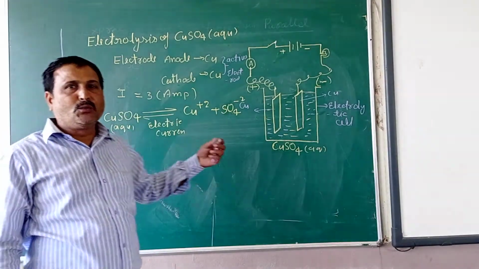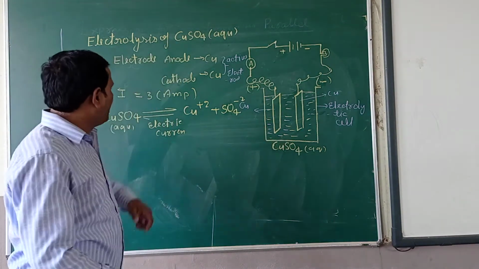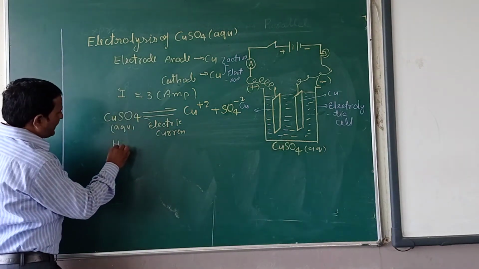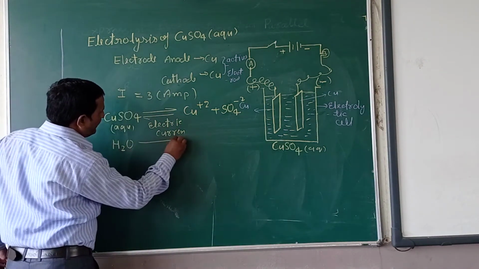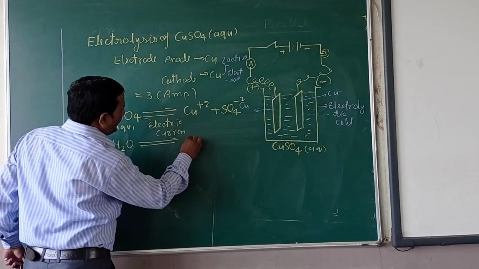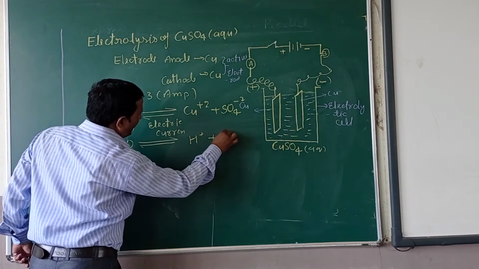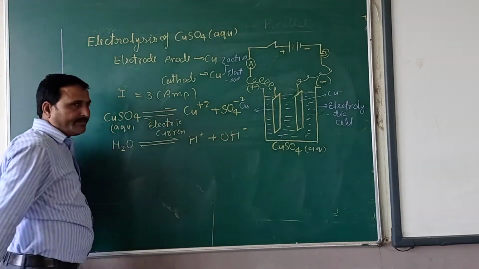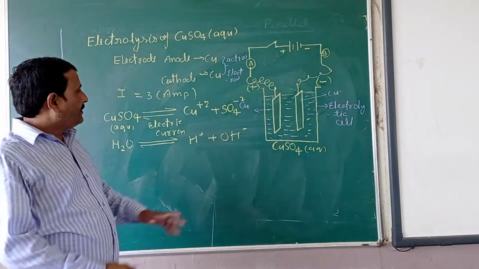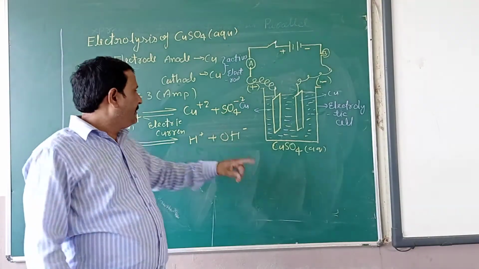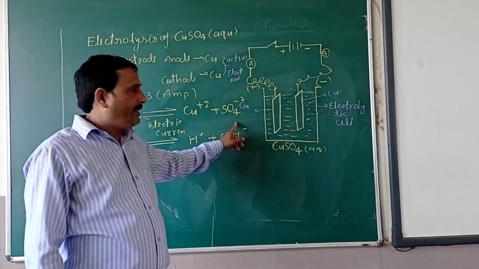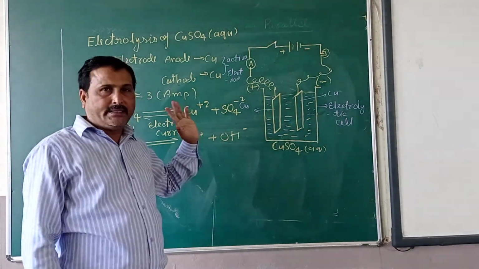Since this is an aqueous solution, electrolysis of water also takes place, and H+ and OH- are formed. See that 4 ions are formed: copper ion, sulfate ion, H+ ion, OH- ion.